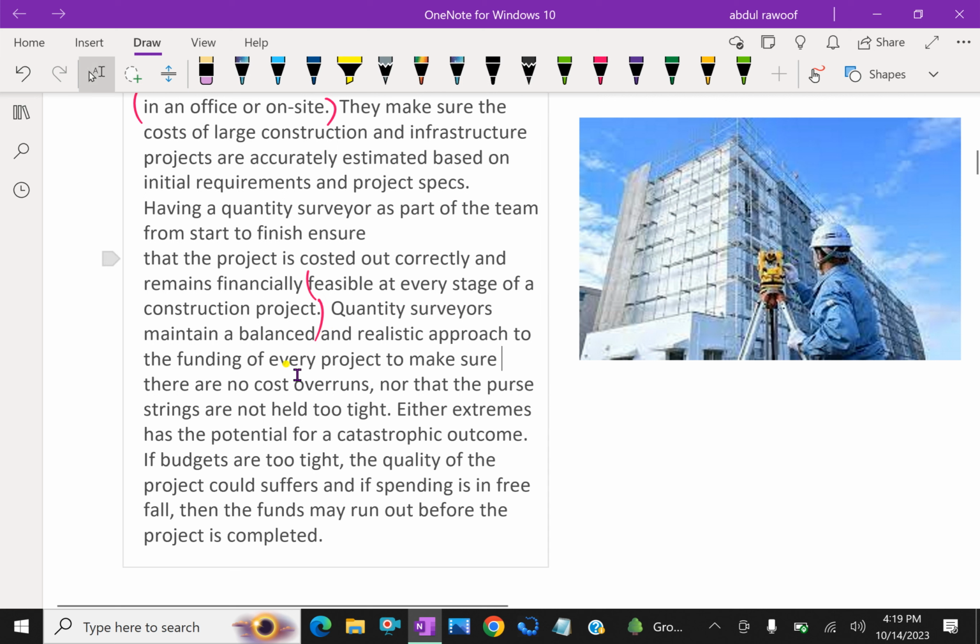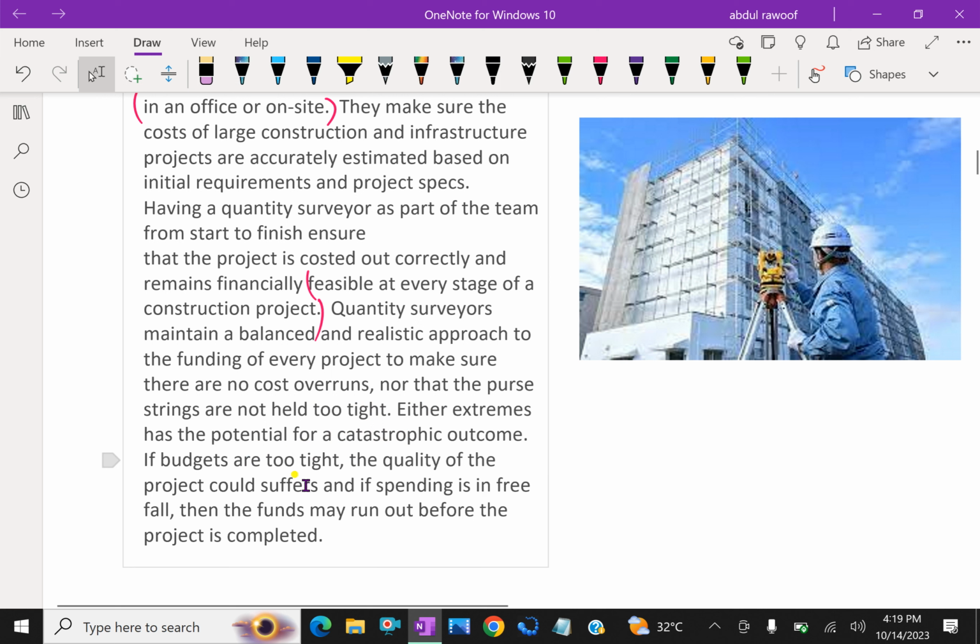Quantity surveyors maintain a balanced and realistic approach to the funding of every project to make sure there are no cost overruns, nor that the purse strings are held too tight. Either extreme has the potential for catastrophic outcomes.